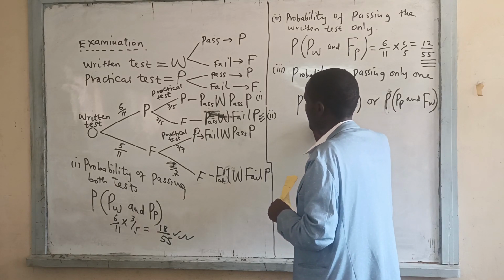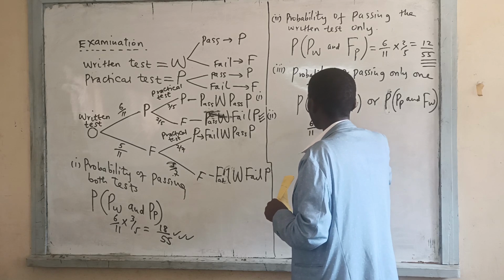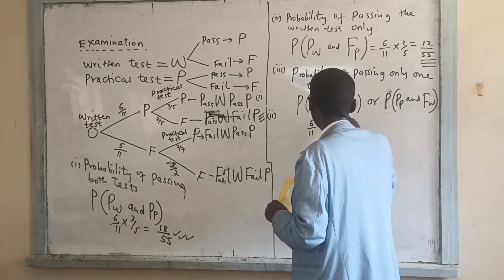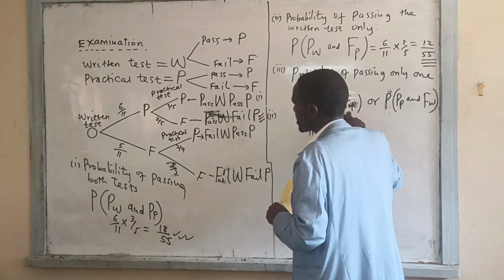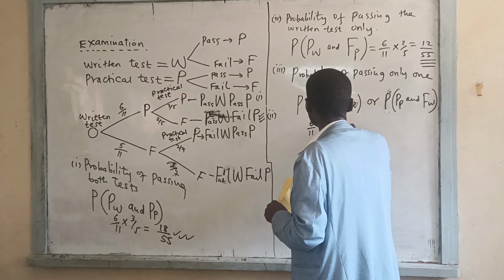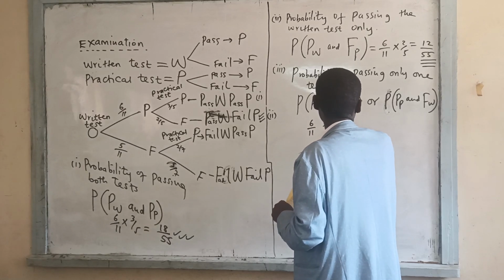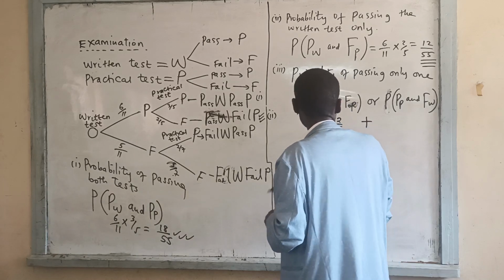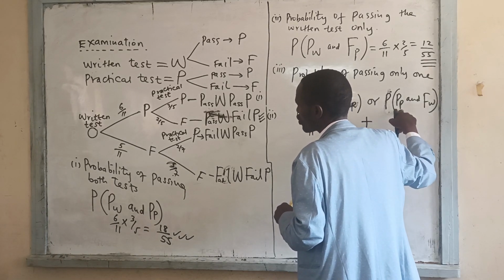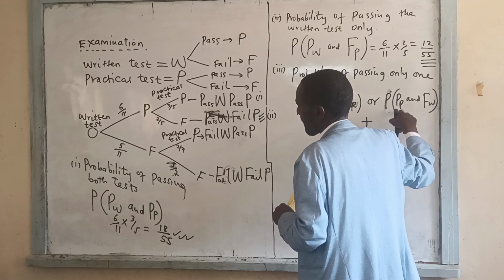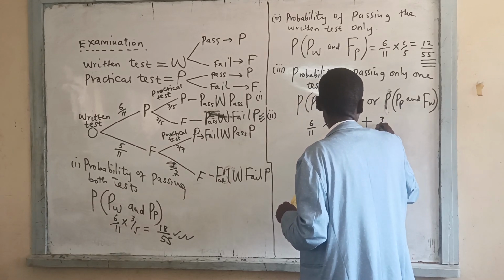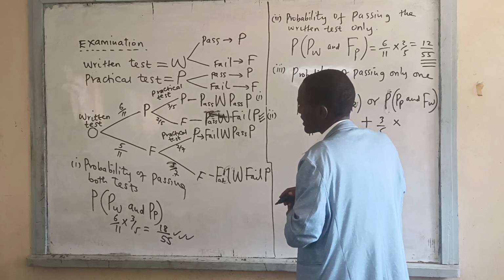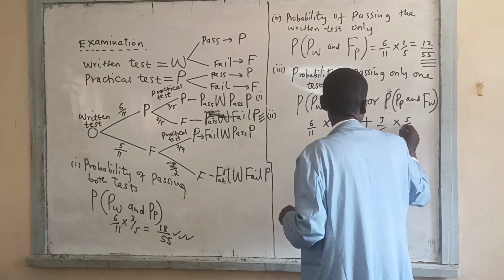So pass written test, 6 over 11. Because and in probability means multiplication, then multiply by fail practical test, 2 over 5. Then or in probability means addition. Then pass practical test, 3 over 5, then and means multiplication, then fail written test, 5 over 11.